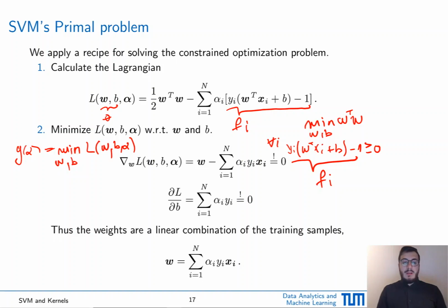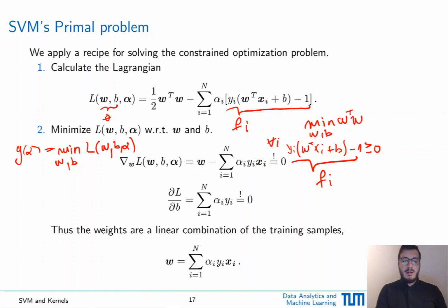And in this case, this is an unconstrained optimization problem, so we are free to choose any value of w and b. And we know how to solve this. We simply take the gradient with respect to these parameters, set it to 0, and solve. So let's do exactly that.